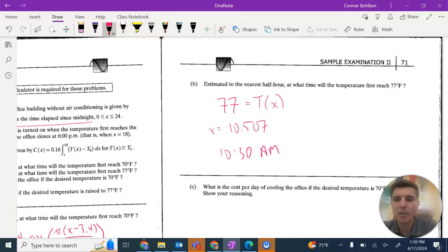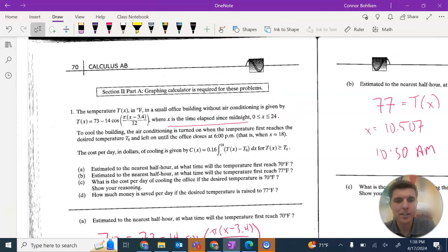C and D are related to both A and B respectively. So part C says right here, what is the cost per day if the desired temperature is 70? Essentially, we're just going to use this C function. This is a cost function based on two things. Number one, starting time, and number two, desired temperature.